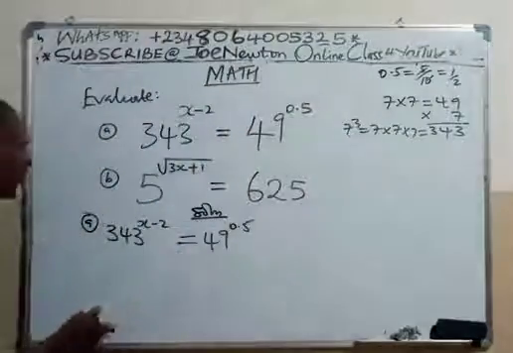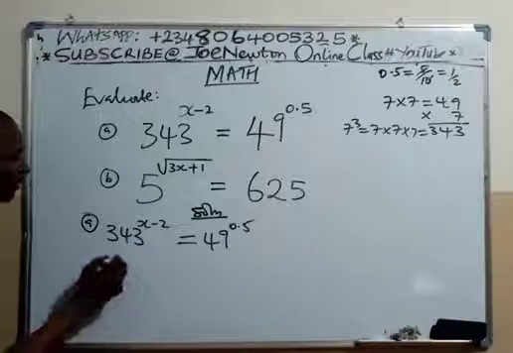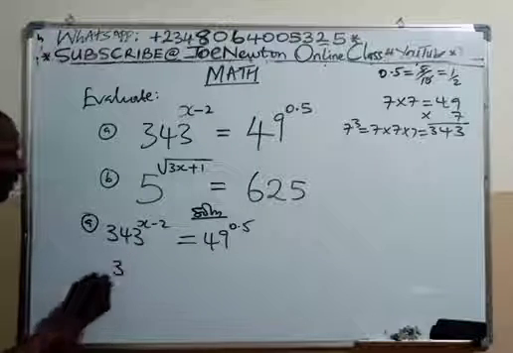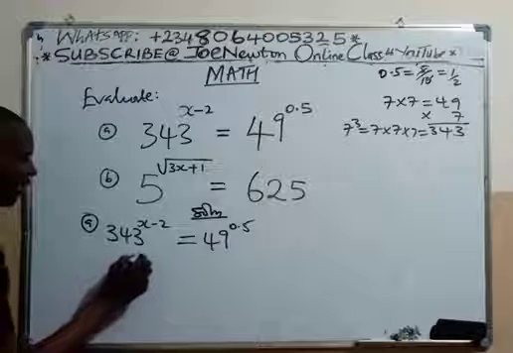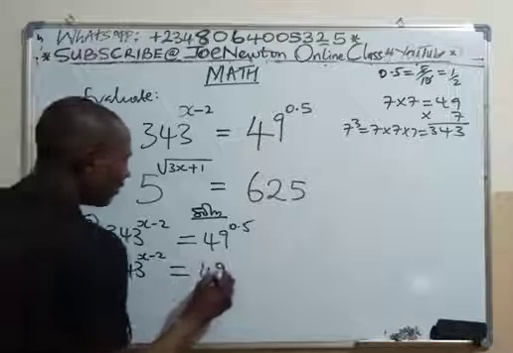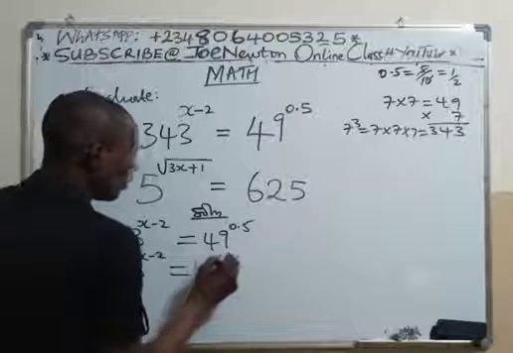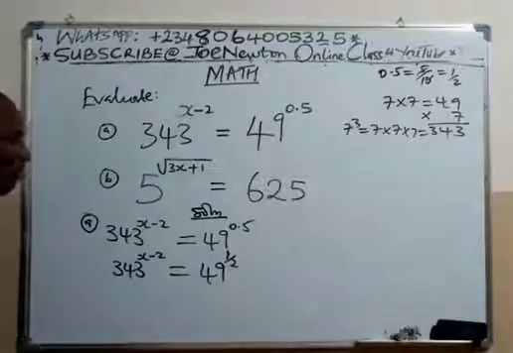So now I have that 343 raised to the power of x minus 2 is equal to 49 raised to the power of 1 over 2, because 0.5 is 1 over 2.